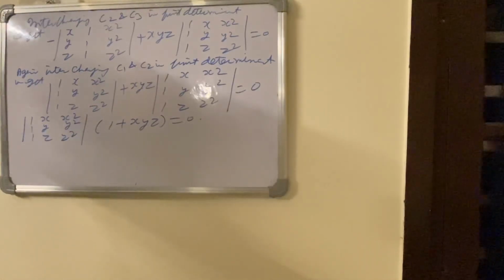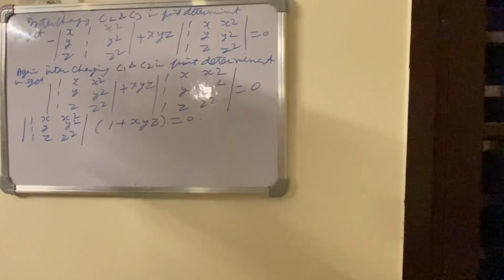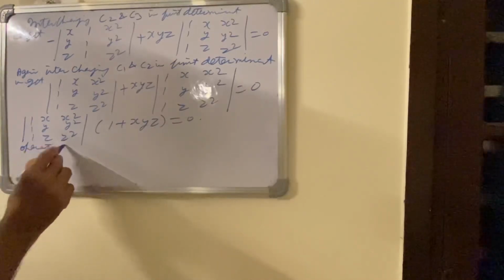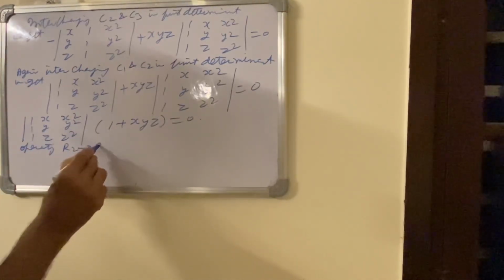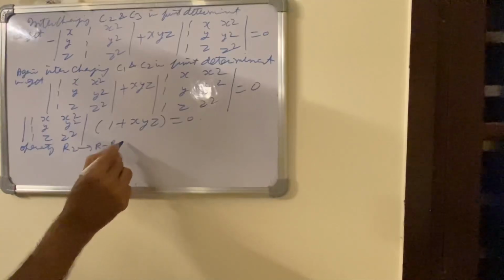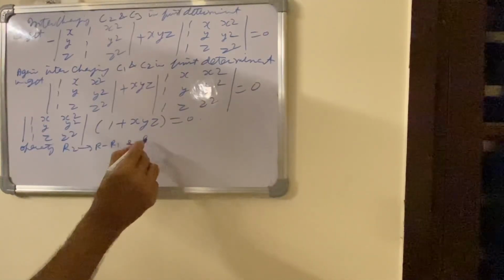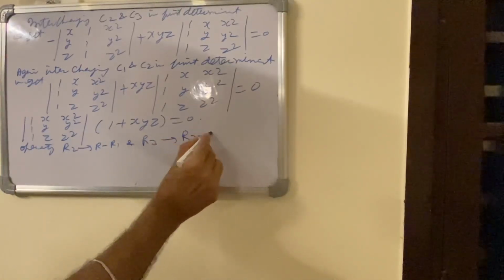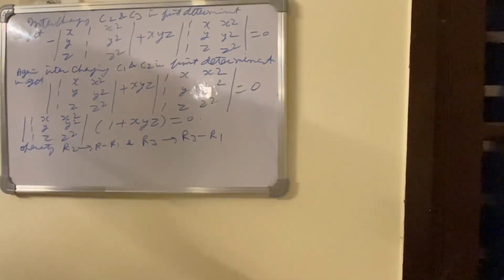Then we operate R2 is equal to R2 minus R1 and R3 is equal to R3 minus R1 in this determinant.